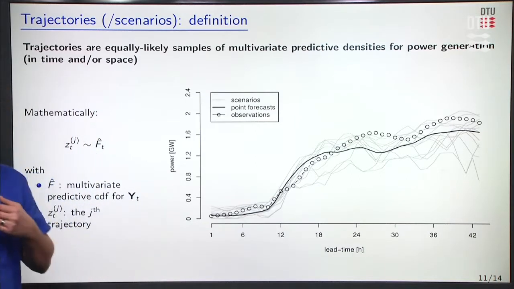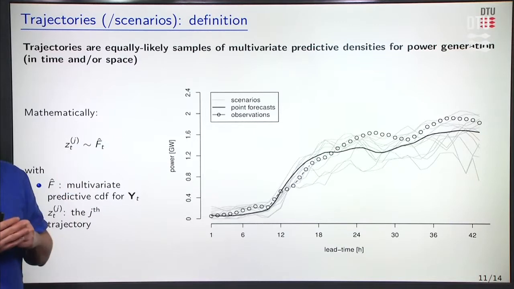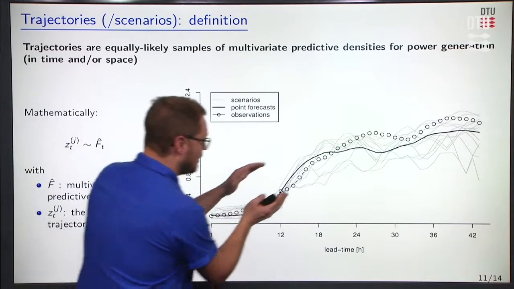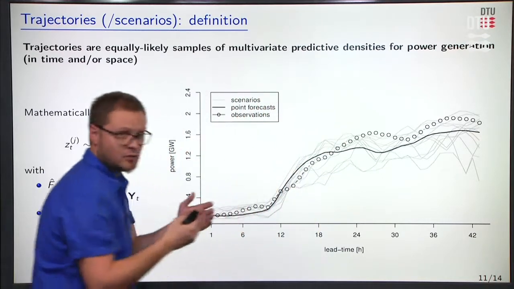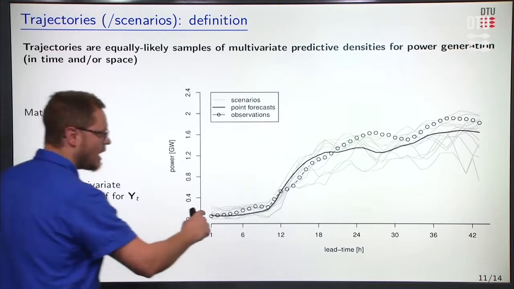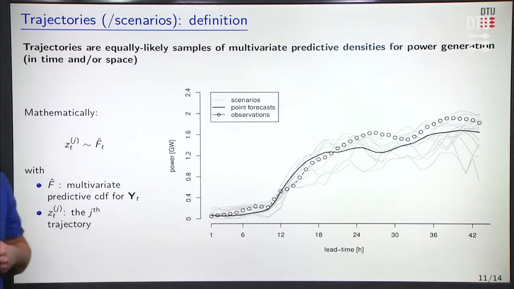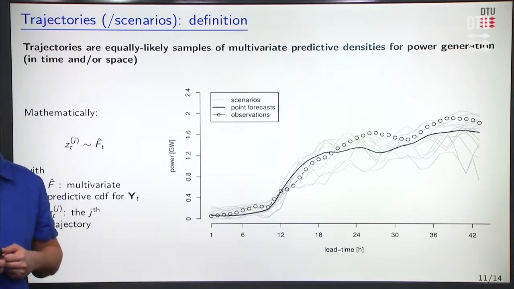And the point of these scenarios is to mimic the information given by the probabilistic forecast. So you see here the uncertainty around the point forecast is represented by how these scenarios develop. But then also these scenarios have the information in terms of the correlation structure or how smooth we believe somehow the power production to be over the following hours.